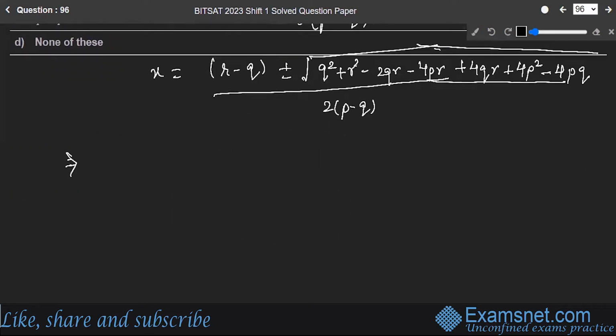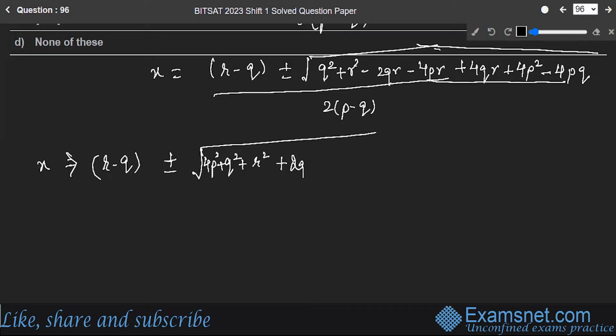Let's write down, this gives you x equal to R minus Q plus or minus root of 4P square plus Q square plus R square plus 2QR minus 4PR minus 4PQ, whole divided by 2 into (P minus Q).